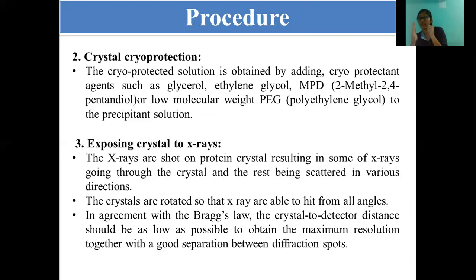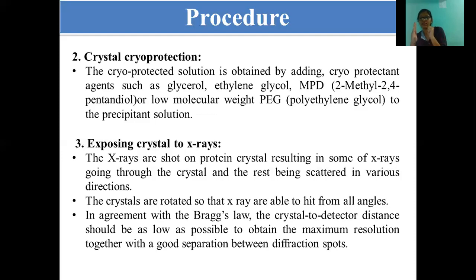Suppose this is a crystal and this is a detector. The distance between the detector and the crystal should be 150 nanometer, because this is according to Bragg's law. I think it is known to all of you that according to Bragg's law, the distance between these two parts should be small.